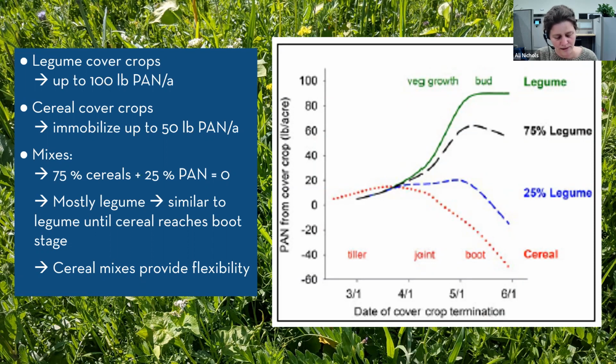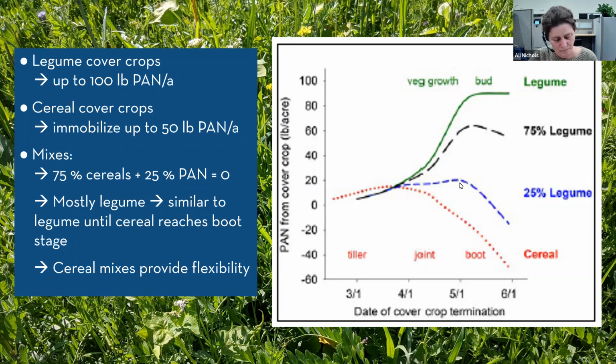Then when a cover crop has more cereal than legume, it follows a similar curve to the cereal stand alone, but you can extend the life of your cover crop a little bit because you'll have a little bit more wiggle room before the plant available nitrogen will start to decrease.